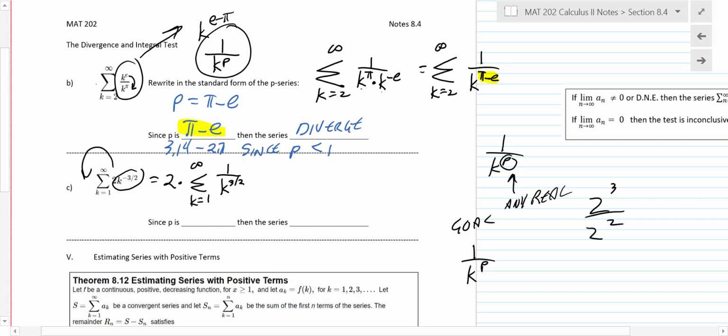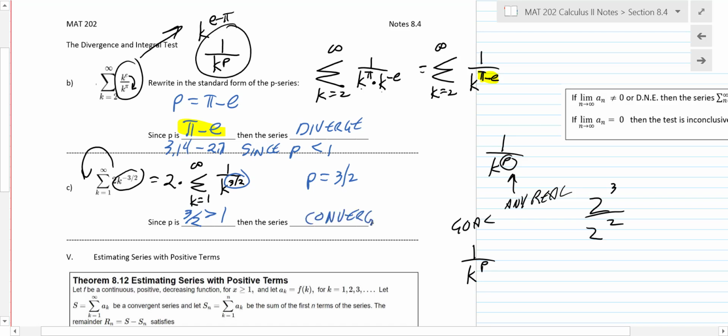So tell me what the value of p is in this p-series. 3/2. That's why we did what we did. P is equal to 3/2. That's greater than 1, right? So what's the answer? Converges, good.